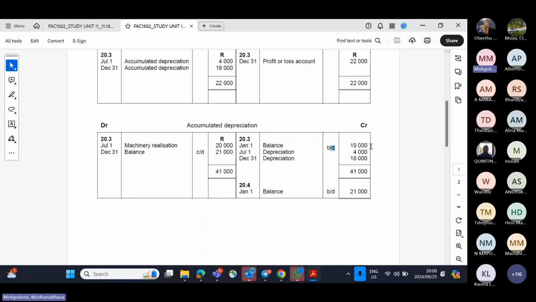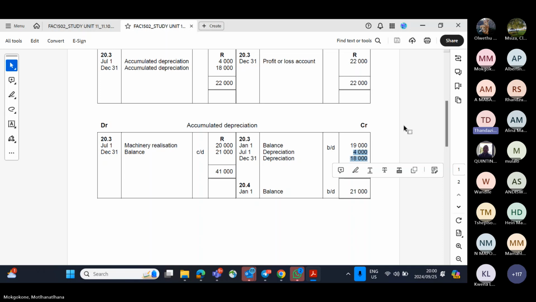The 19,000 was from previous months. And the 4,000 and the 8,000, remember, we said debit depreciation, credit accumulated depreciation. These two are from the depreciation account.